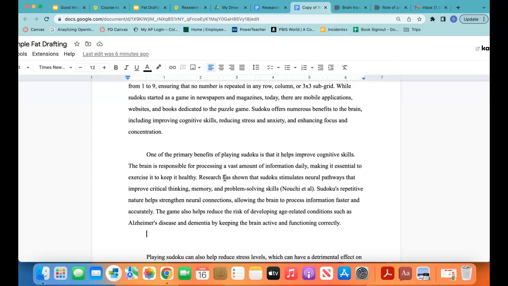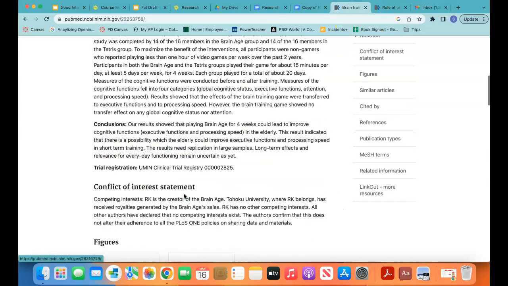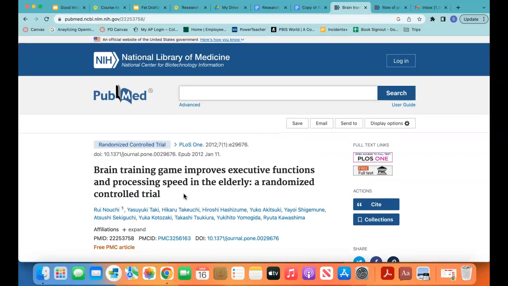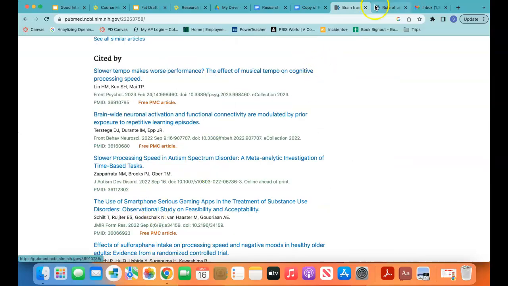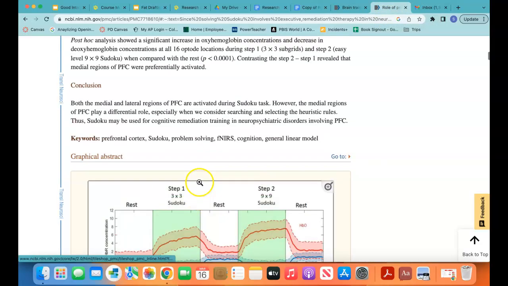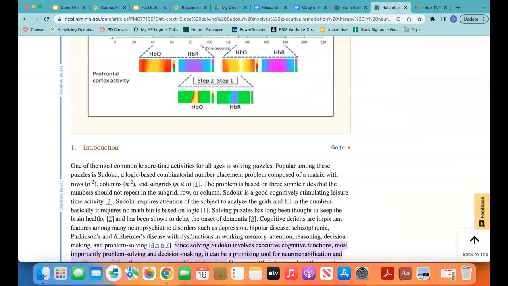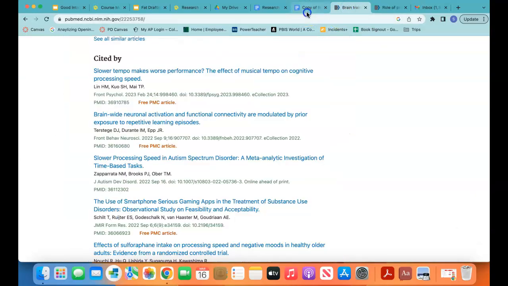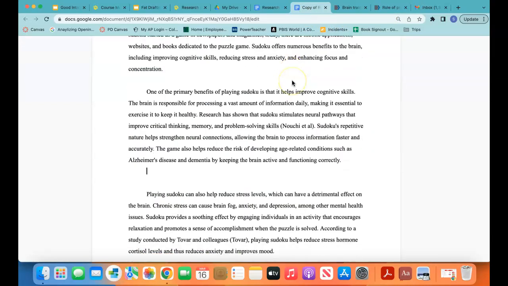And actually, before I even do that, I'm going to look through my sources about improving cognitive skills and see if there's anything that I missed that I could add. Maybe you need to look up new sources. So here are my sources, and we can pretend that I'm looking through them. Okay. And yeah. So I'm just going to start and we'll go for it.